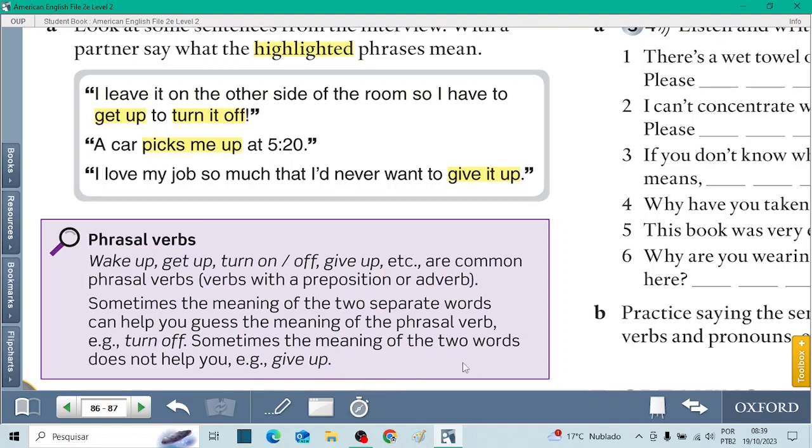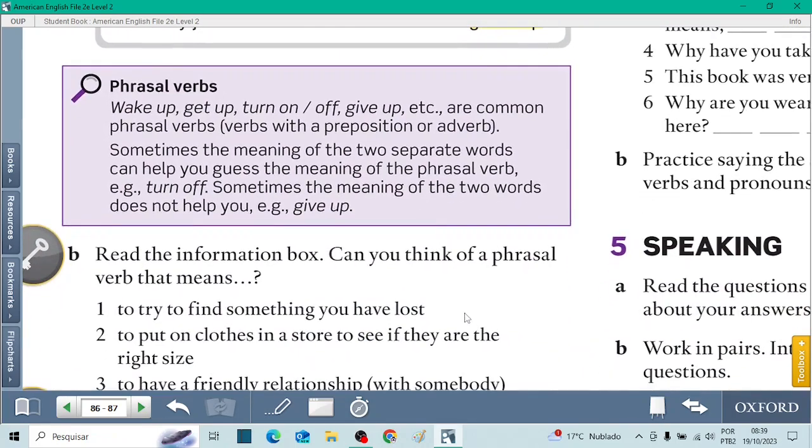These phrasal verbs are very common in spoken English, and native English speakers use them a lot. So it's mandatory for you to include them in your list for things to study. It's very important to learn them.